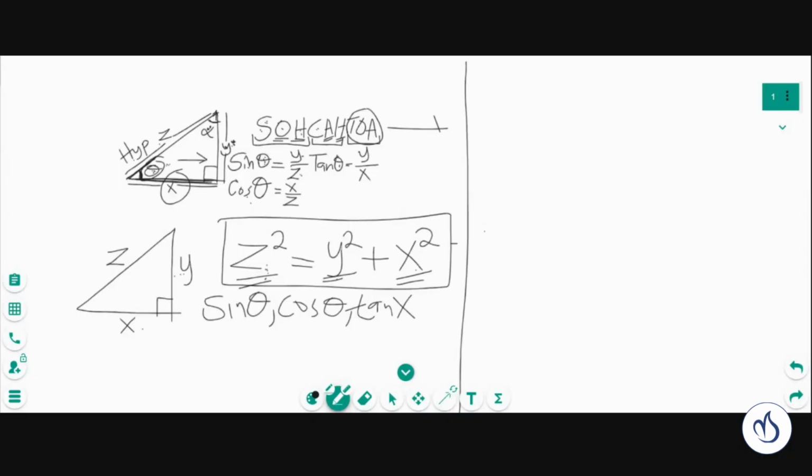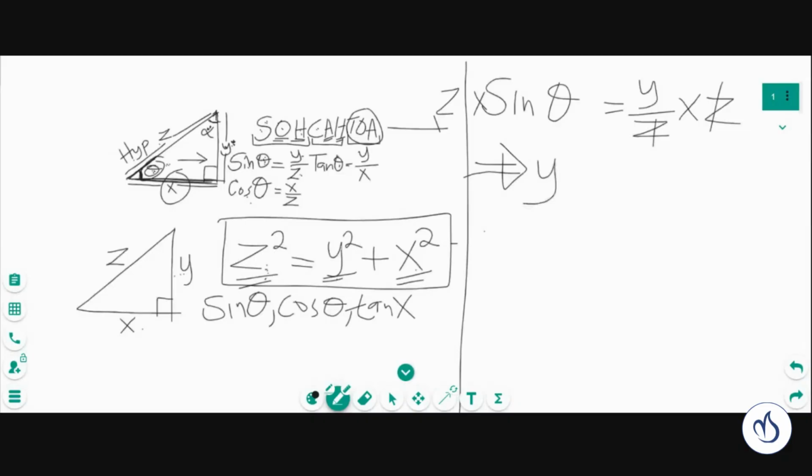I begin with the first: the sine of angle theta is equal to Y out of Z. How do I make Y the subject? I will simply leave it on one side and take every other thing to the other side. I multiply Z on both sides, and this Z would die naturally.